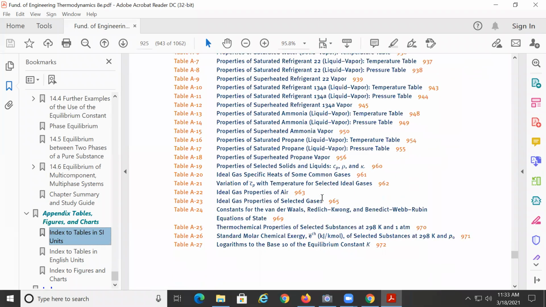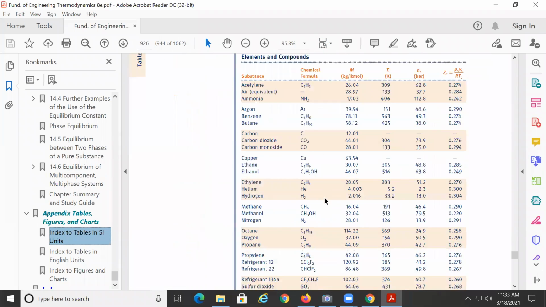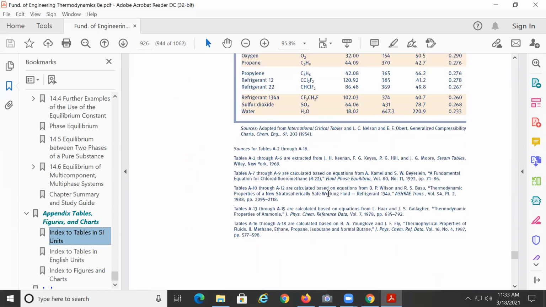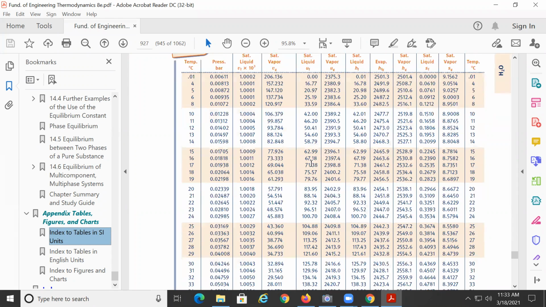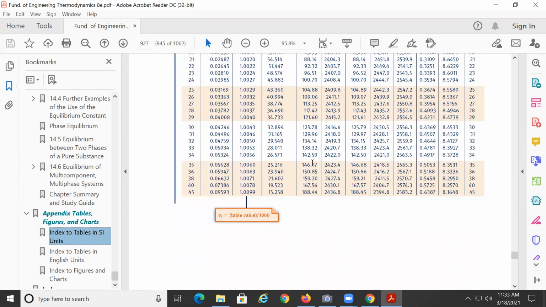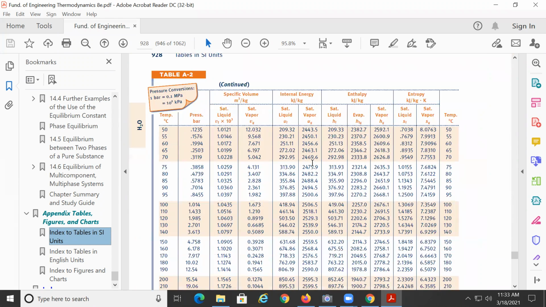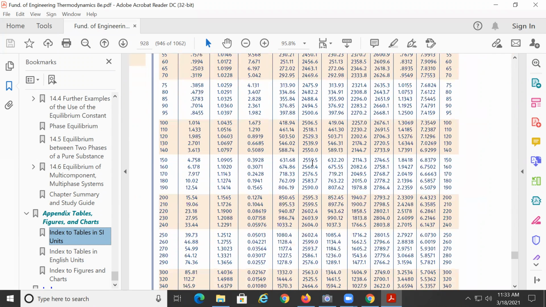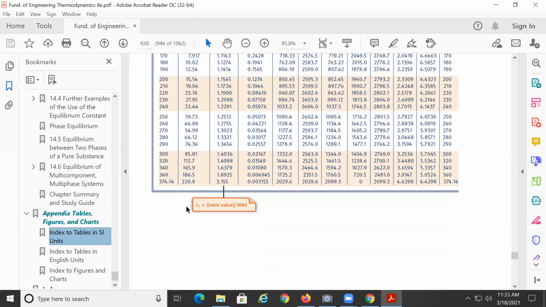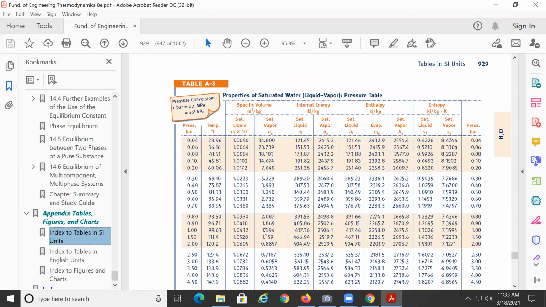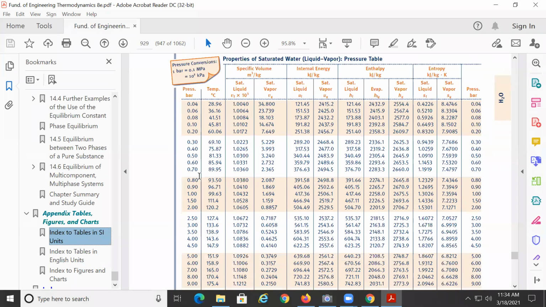Okay, so let's go over here. They go to table. So let's go to table A3. I like table A3 more, I guess. Okay, so over here, I mean, we could do this one as well. What is the temperature? 400, let's see, okay, we don't have 400 here. So what is the pressure? 40 is 40 bars, so this is in bars.